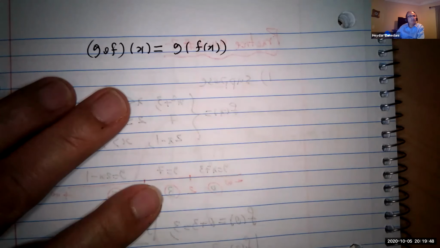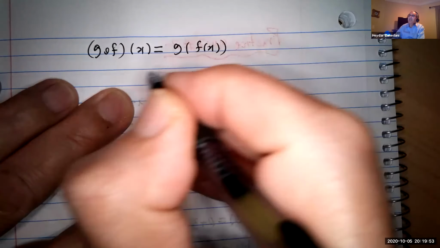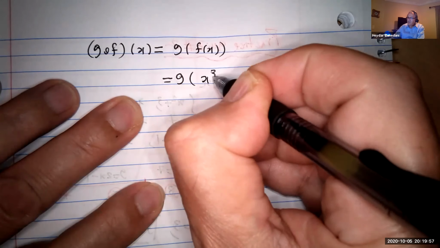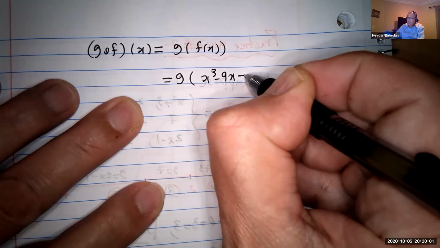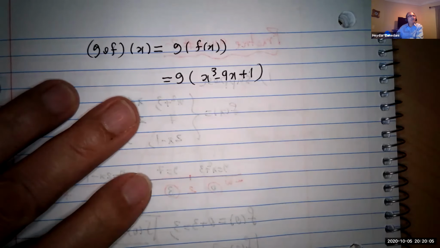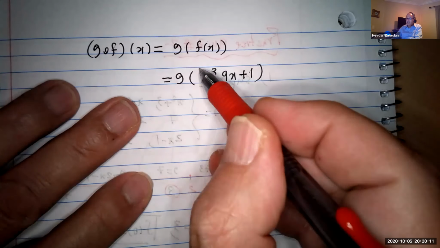Bring f of x. f of x is x cubed minus 9x plus 1. You see? Previously, it was a number, and you dropped it into the g. Now it's a box. You may think about it as a box.